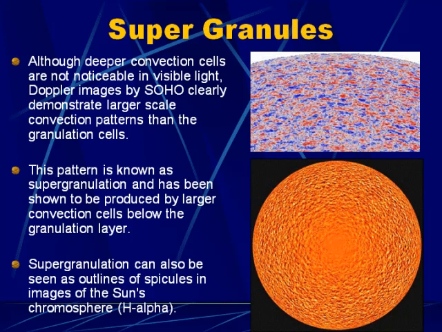Using Doppler measurements, where rising regions are blue, sinking regions are red, we can actually see the surface pushed up in certain parts and depressed in other parts. Now, these are called supergranules, and again, this pattern is not visible to the eye. It's only visible using very, very sensitive measurements of the surface.